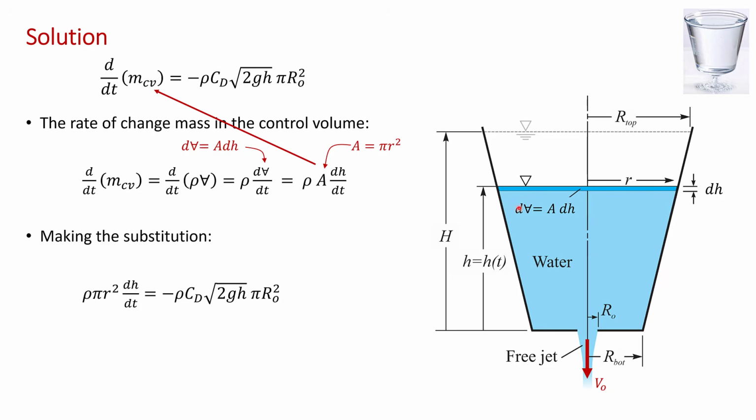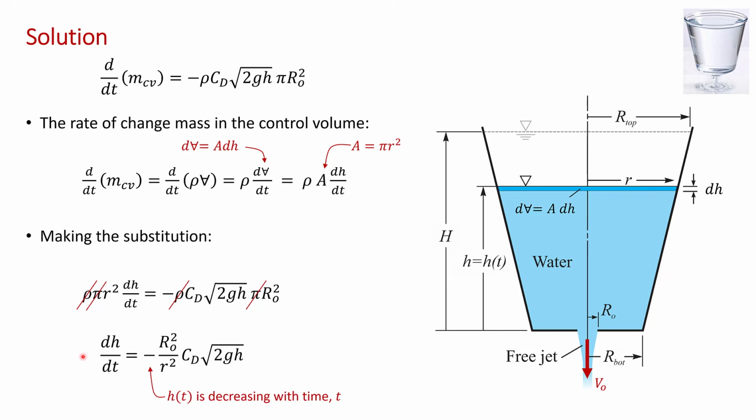Now making those substitutions, we get that rho pi r squared dH dt equals minus rho, our discharge coefficient, times the square root of 2gh, and then the outlet area. Now we can simplify this. The pi's cancel and the rho's cancel. I've done a little simplification.